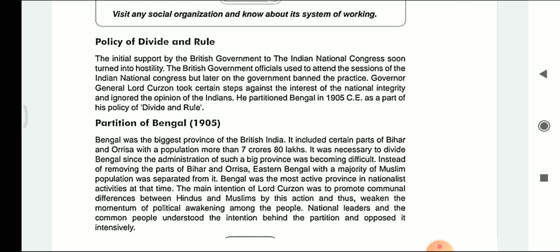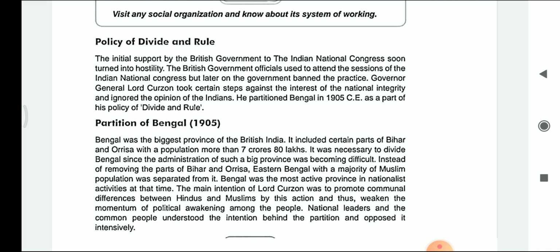So what was the policy of divide and rule? In the starting stages, the British government supported the Indian National Congress, but soon it turned into bad practices by the British government.